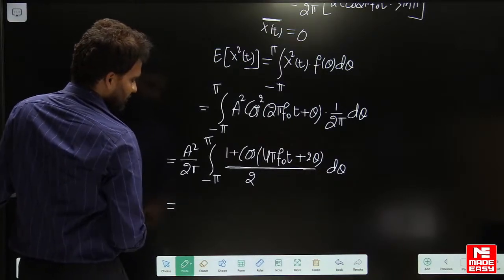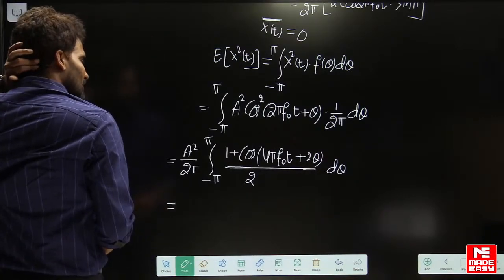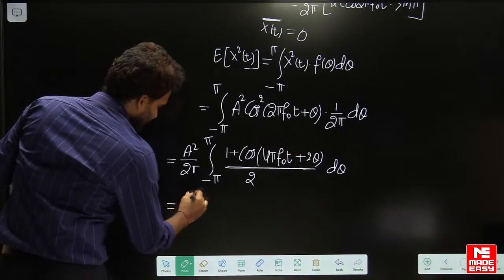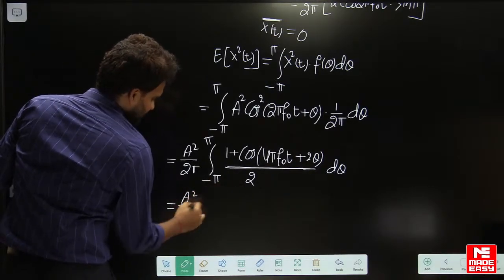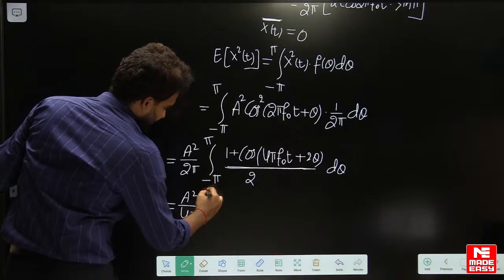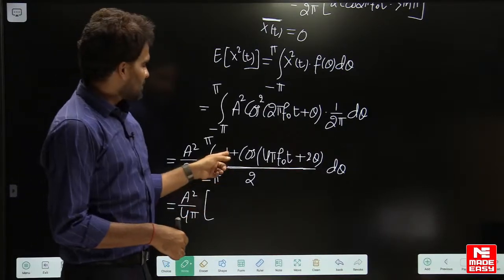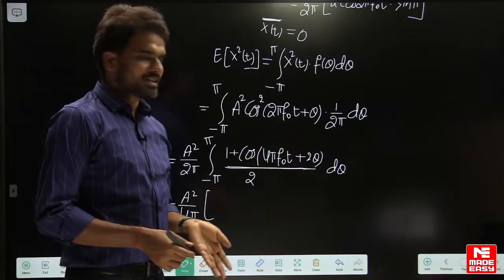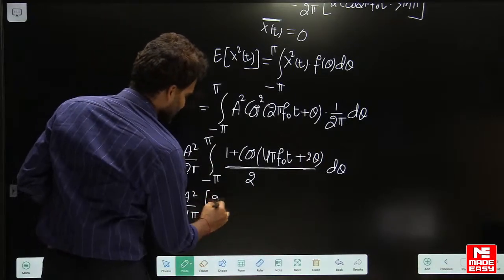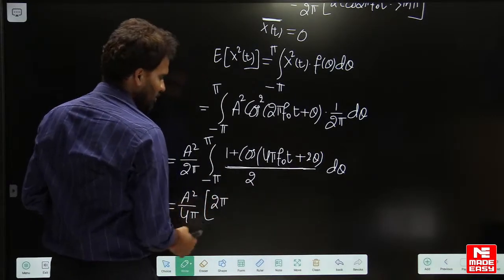So A square by 2 pi means 4 pi. For the first term 1, the integration will be theta, and if you substitute the limits, pi plus pi is 2 pi.